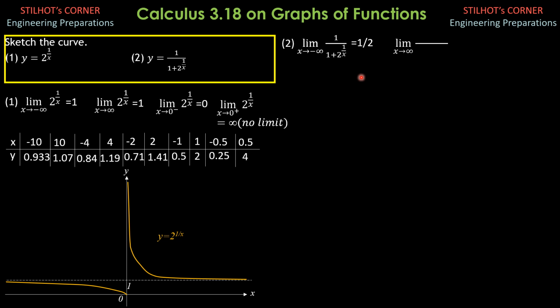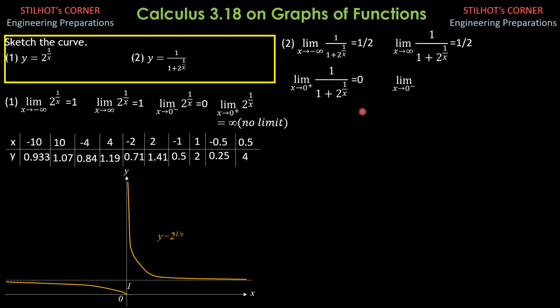Then as x approaches positive infinity, 2 to the 1 over positive infinity is like 2 to the 0 also. It's also 1 half. When x approaches 0 from the right, 1 over 1 plus 2 to the 1 over x. This is 2 to the 1 all over almost 0, so that's 2 to the positive infinity, which is very large. And 1 over 1 plus 2 to the positive infinity, which is very large, is 0.